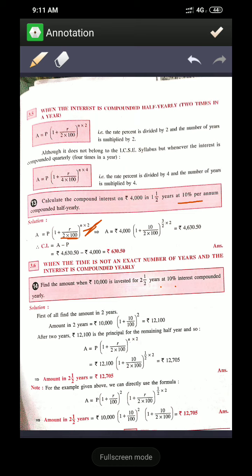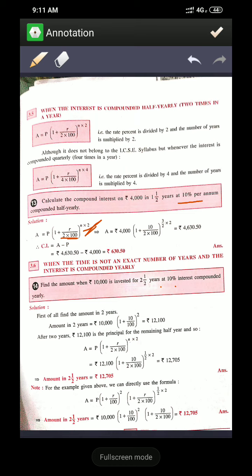If you do this question without using the formula, you will first find the interest for the first year. At the end of the first year you will get the principal amount plus interest, and that amount will be the principal for the second year, and after the second year you will get the amount.